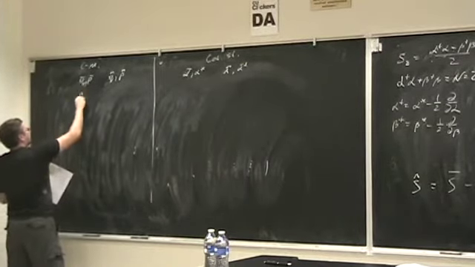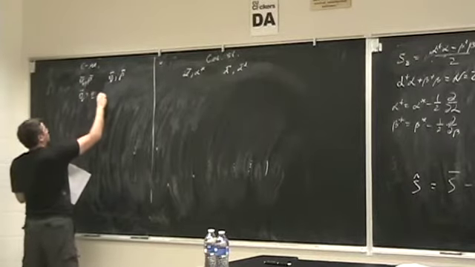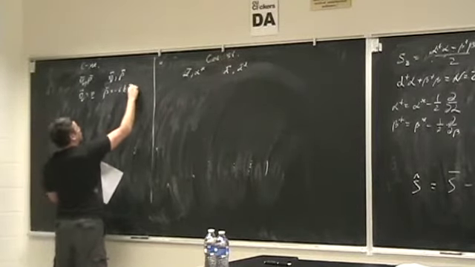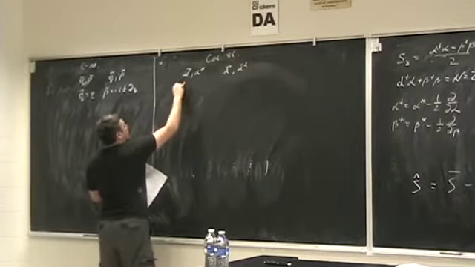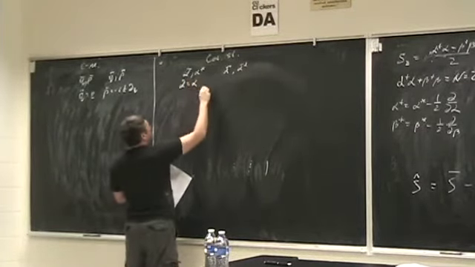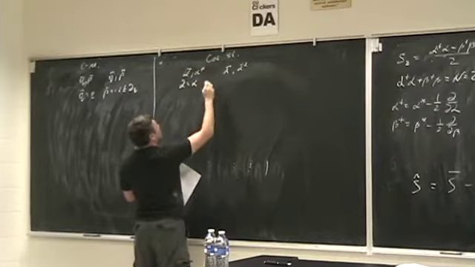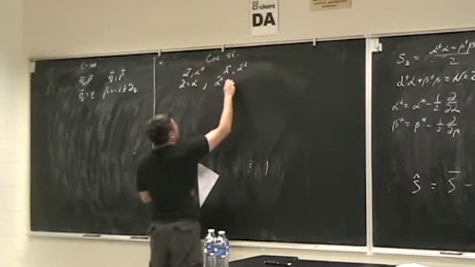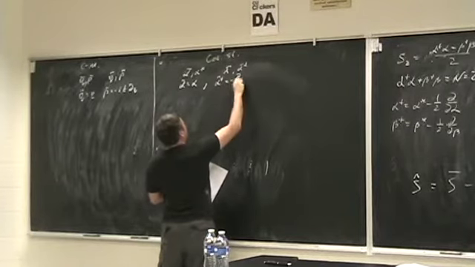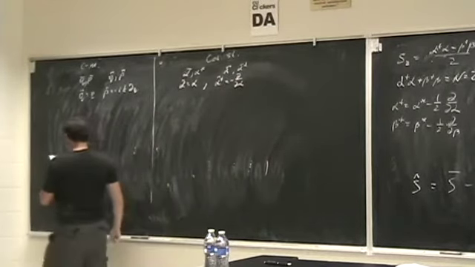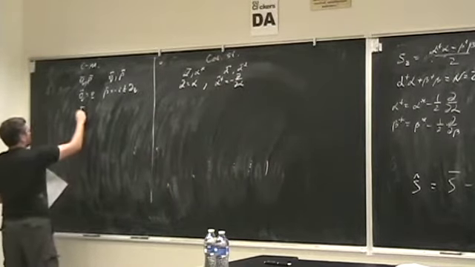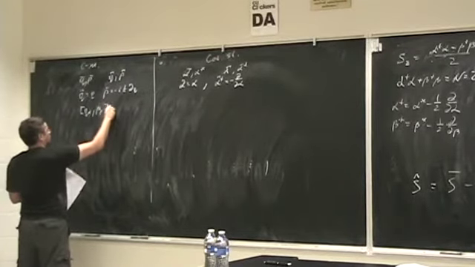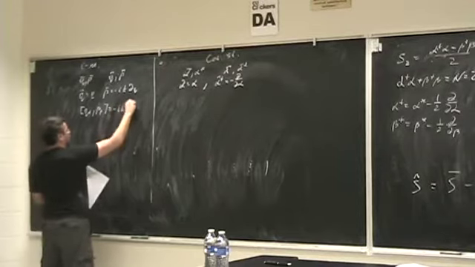So we have the standard representation. Q is Q, and P is minus i h bar d/dQ. We have the standard representation here too: alpha hat is alpha, and alpha dagger is minus d/d alpha. We have commutation relations: Q alpha, P beta is equal to i h bar delta alpha beta.